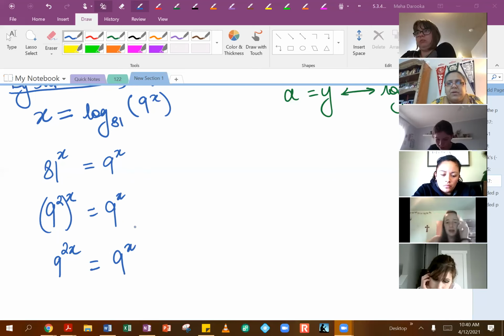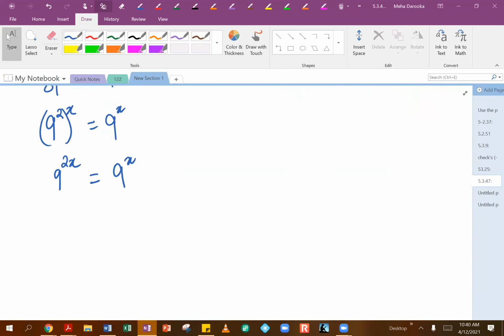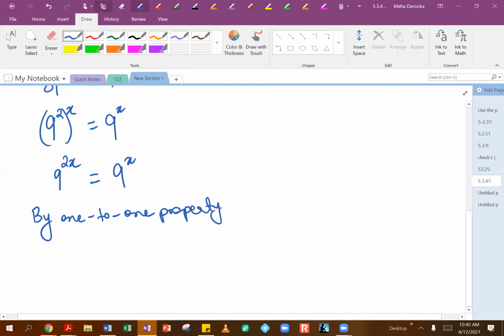They have the same base, so can't we just do 2x equals x? Yeah, using the one-to-one property for exponential functions. Very nice. Since you have the same base on both sides, by that one-to-one property, you can take your exponents and set them equal to each other.